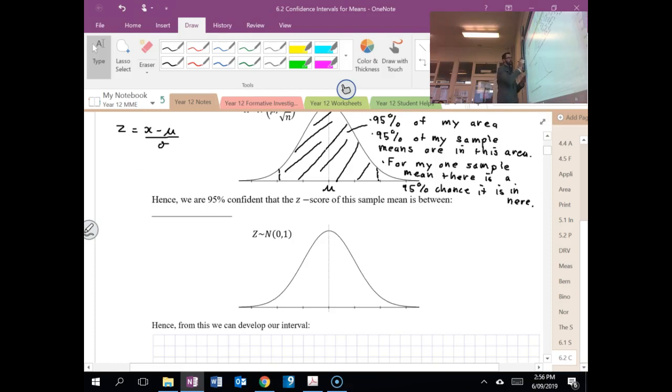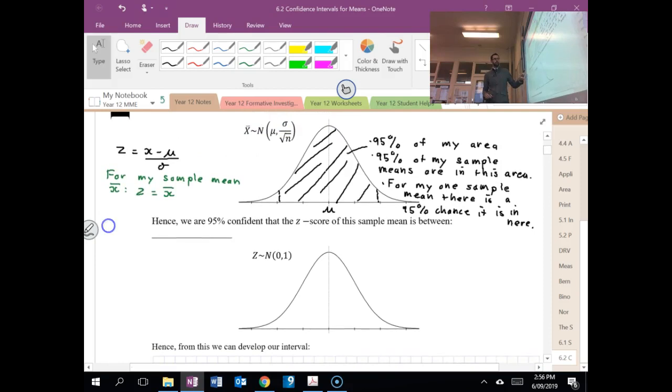So for my sample mean, I'm going to call it x bar, its z value will be x bar, the sample mean, take the mean of this distribution here, which is just mu, divided by the standard deviation, which is sigma on root n. That's the z-score corresponding to my sample mean.